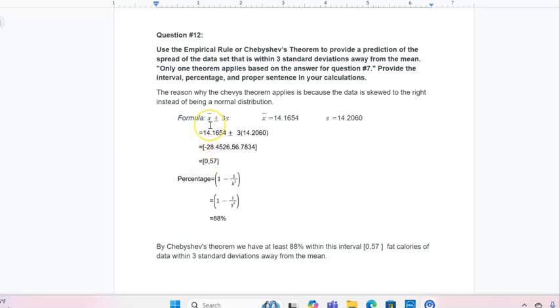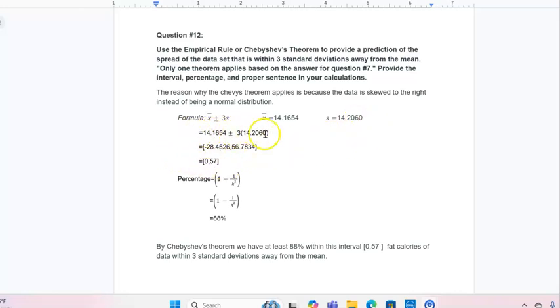The formula that we use is going to be the mean plus or minus 3 times the standard deviation. Our mean is going to be 14.1654, and then the standard deviation is going to be 14.2060.